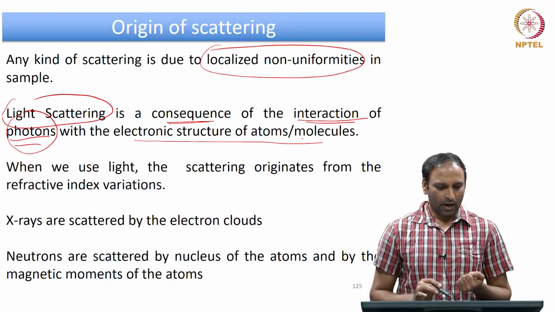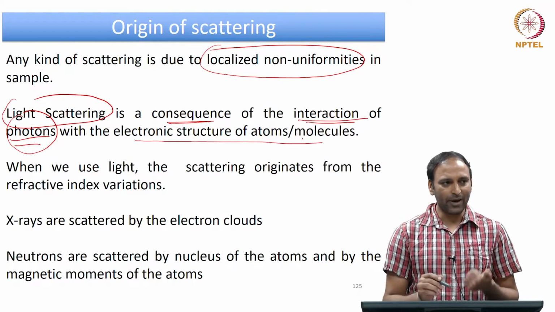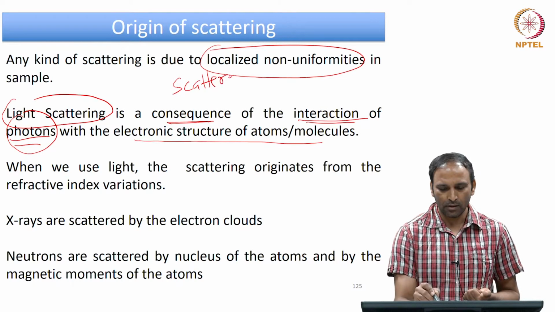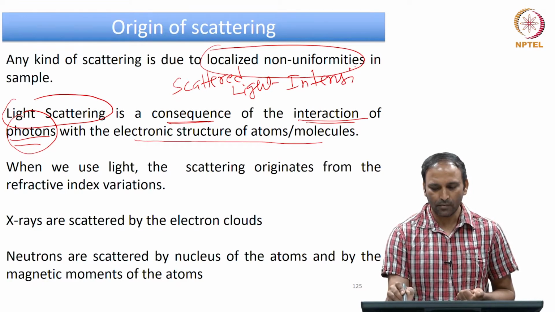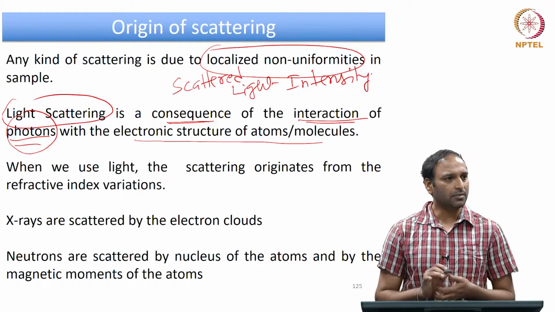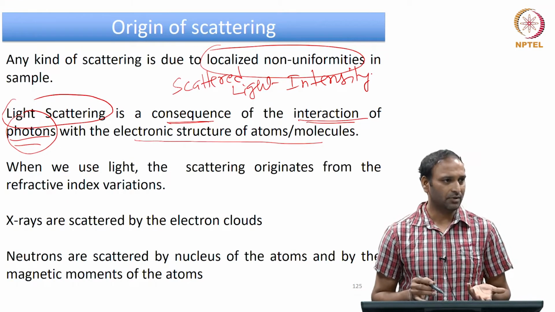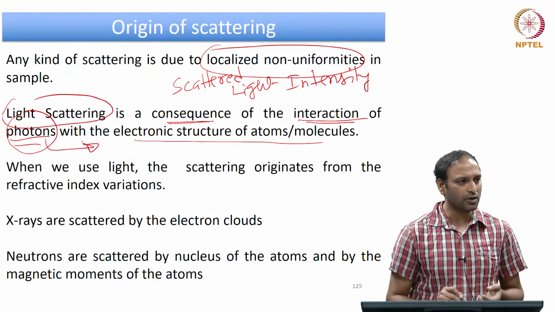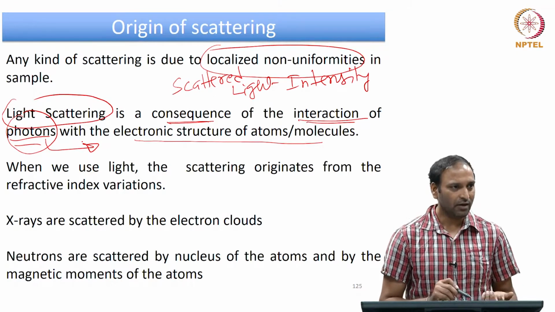Okay. And whenever people do light scattering measurements, they measure what is called scattered light intensity. And the way it is measured is they will have an instrument which can measure radiation, and typically photons. Again it depends on the kind of radiation measurement device that you are using.